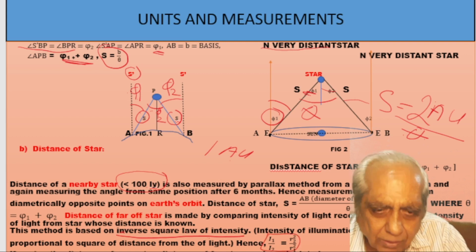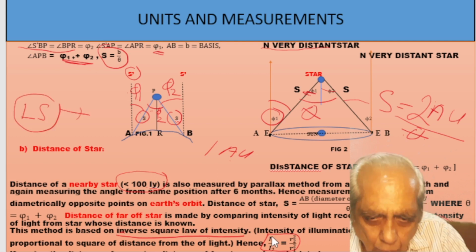If you have a bulb, this is my light source giving light. The more the distance, the less the illumination. So my formula becomes I1 upon I2 is equal to R2 square upon R1 square. Knowing the illumination we get from a near star whose distance is known, I can calculate the other one.